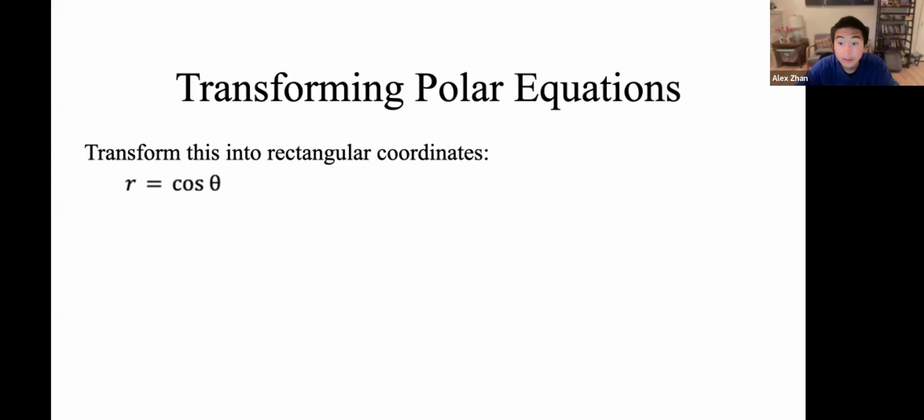Does anyone have any ideas? Okay, then in that case, I'll just start talking about the method for doing this. r squared is equal to r cosine theta.